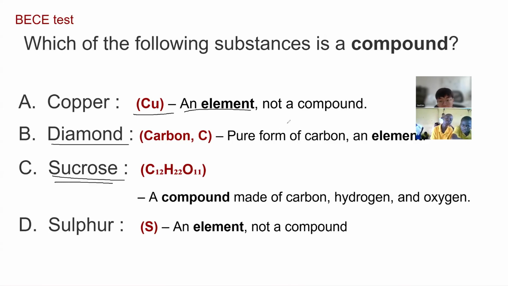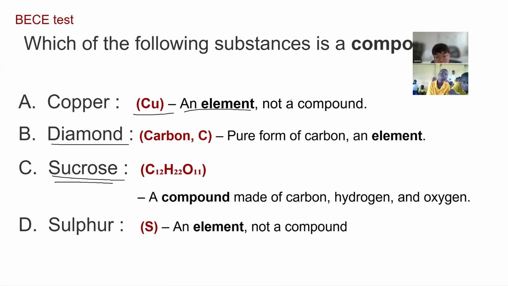Diamond is actually an element, but it's formed from carbon, right? Diamonds are formed from carbons, but they have a very specific formation. Sucrose is a compound made up of carbon, hydrogen, and oxygen. Sulfur is an element, right? S is an element.